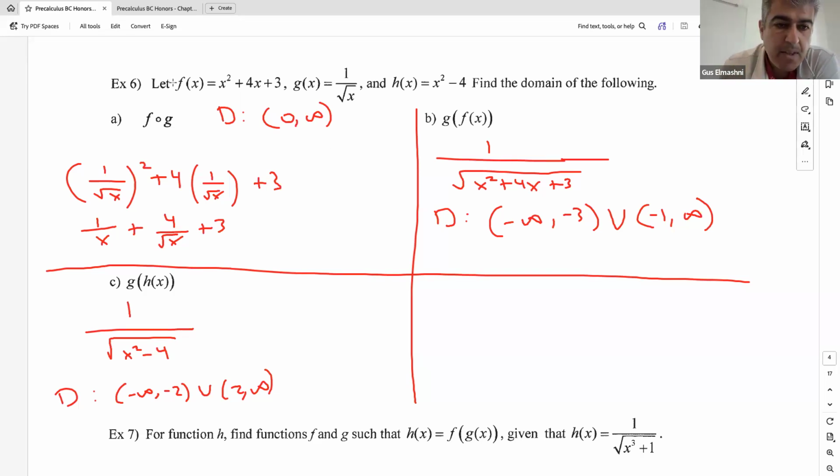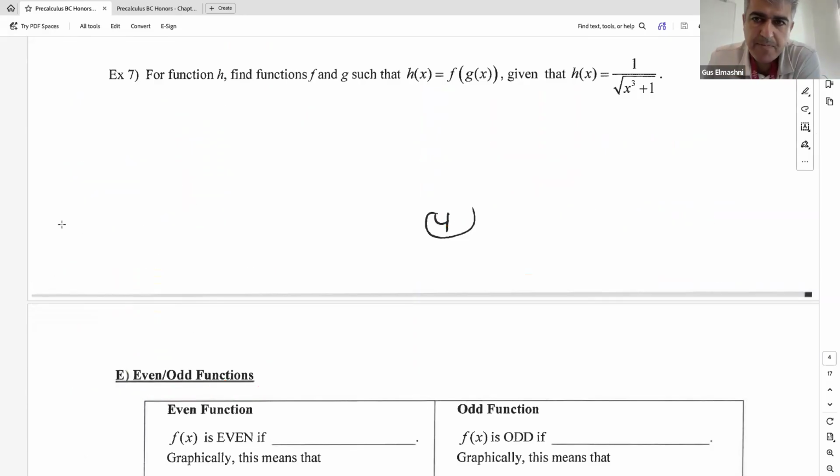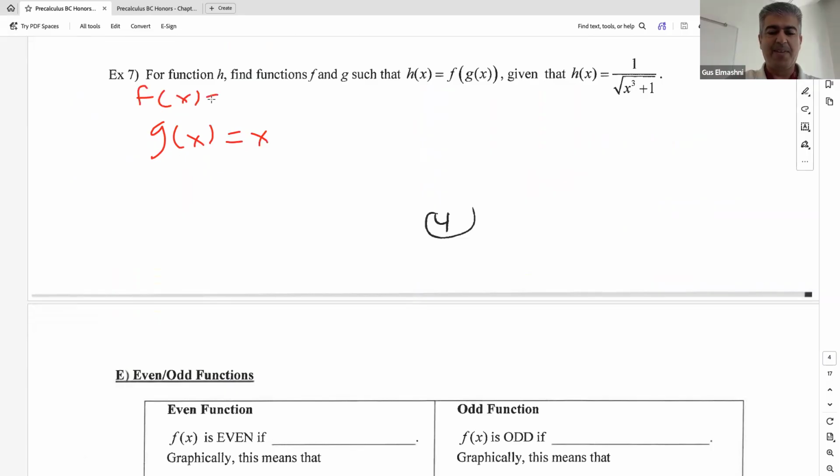Okay, cool. Lastly, example 7. It's kind of a weird one. They want you to decompose it. If you wanted to, you could say g of x equals x and f of x equals the whole thing.